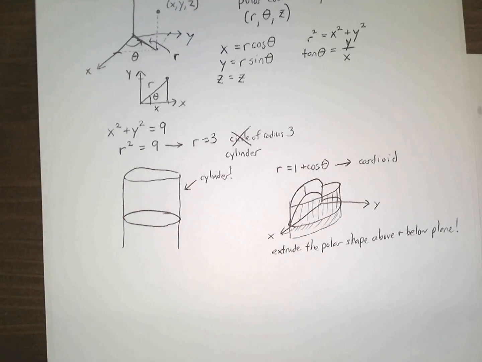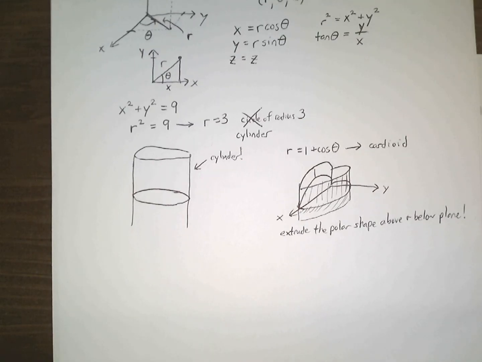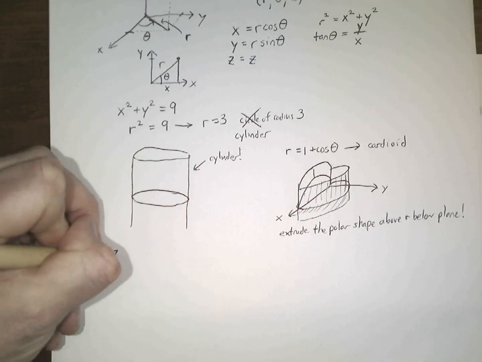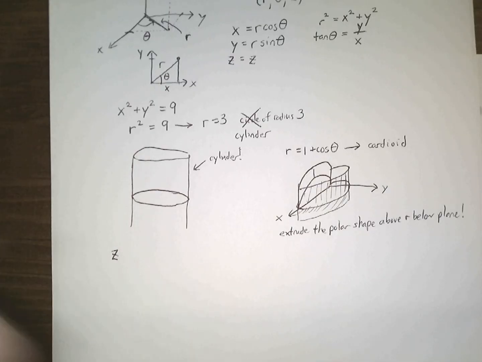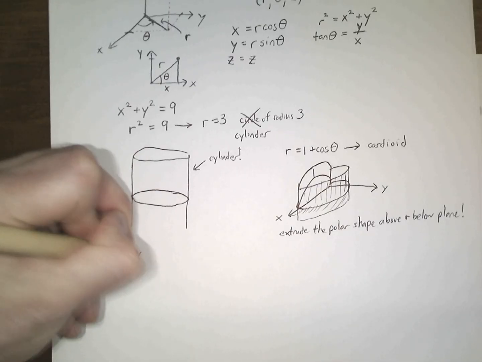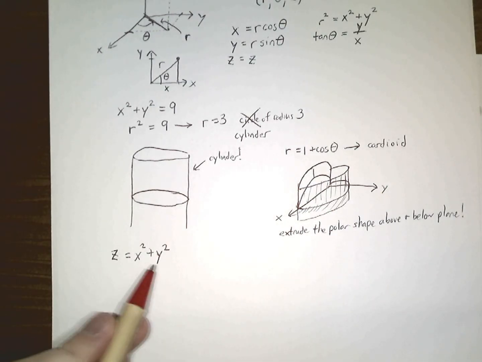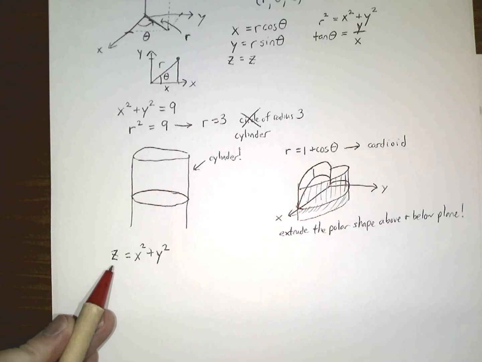Other shapes we can describe very nicely with cylindrical coordinates. For example, if I just have z, some function z, some height I'm looking at, equals x squared plus y squared. Again, the right-hand side tells us circles, but the actual radius of the circle is going to depend on how high we are.